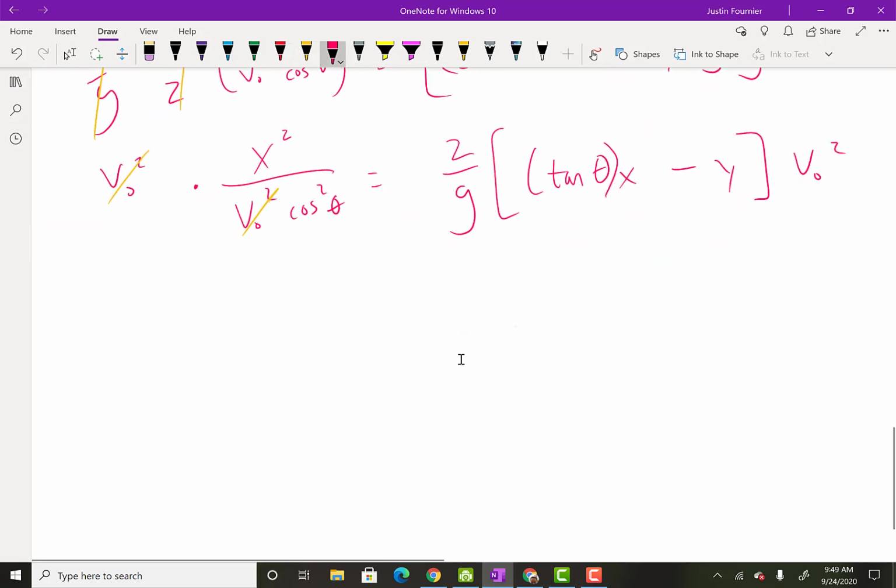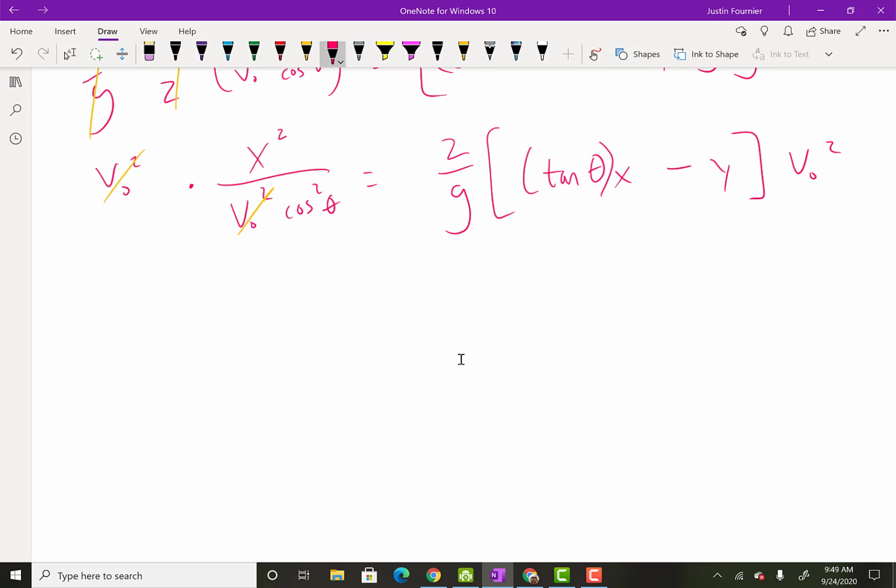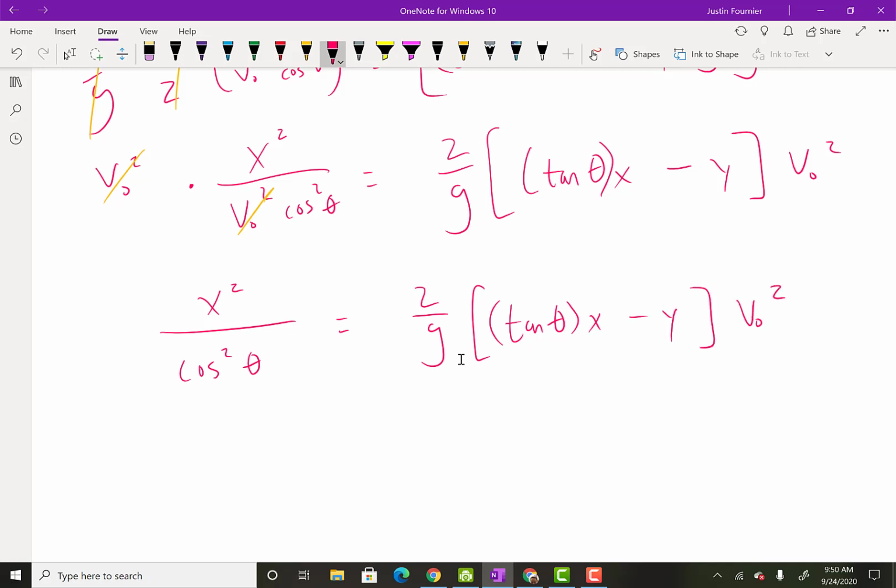All right. And so now I've got x squared over cosine squared theta equals 2 over g times tan theta x minus y, and then v naught squared. Now I'm going to divide all this nonsense.